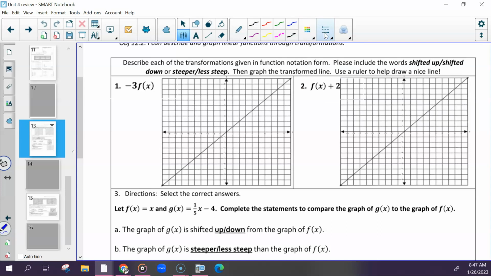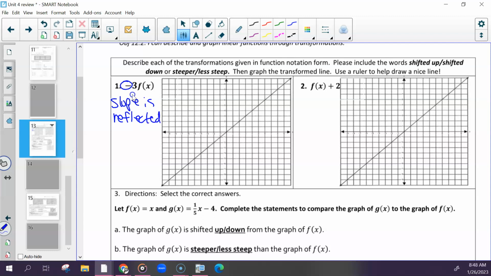So if you see a number in front of f of x, it's going to be something to do with the slope. If you see a negative along with it, the slope is going to be reflected. So something like this, you would write 3 things, 2 things about the slope and 1 thing about the y-intercept. So the slope is reflected because of this negative.